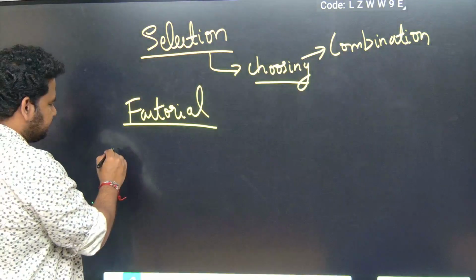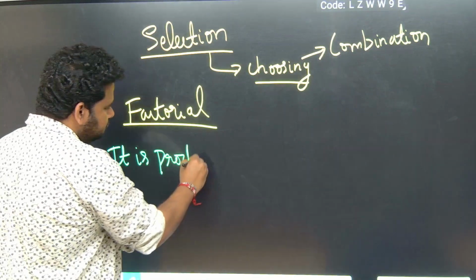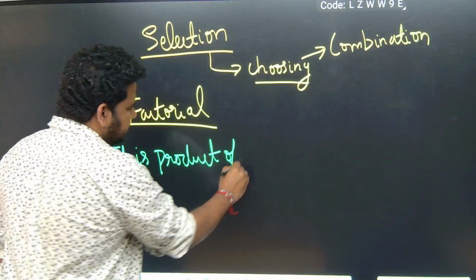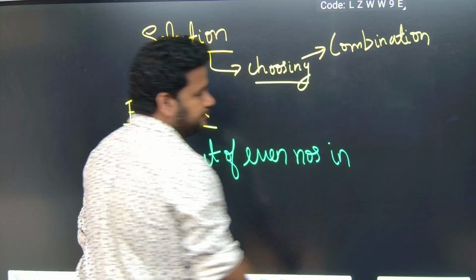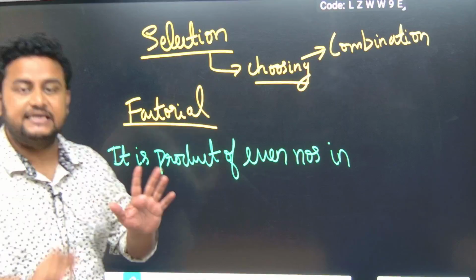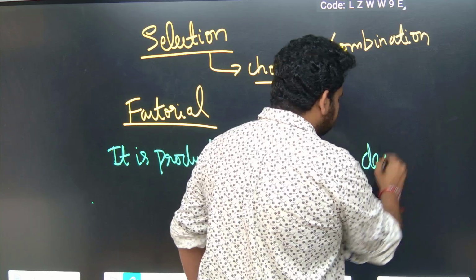Factorial is nothing but a product of natural numbers in descending order.